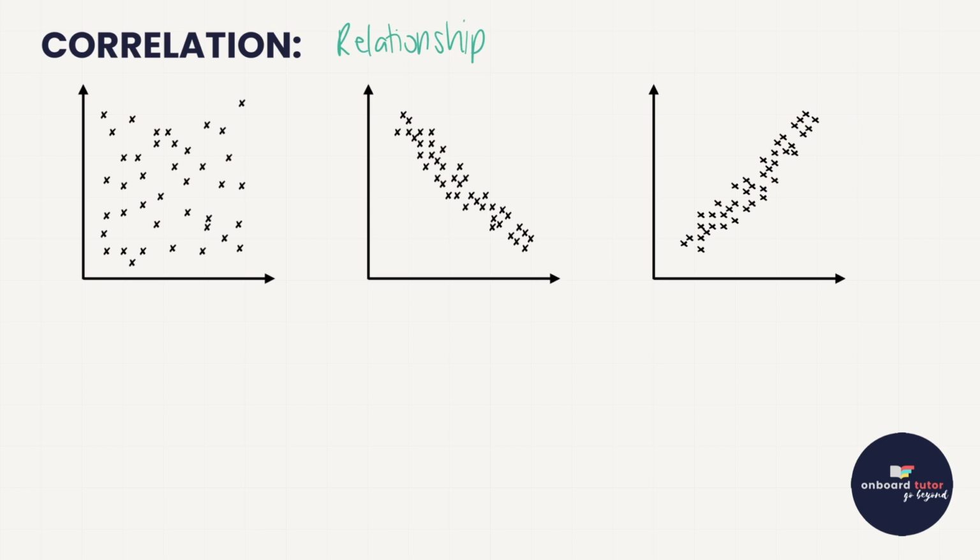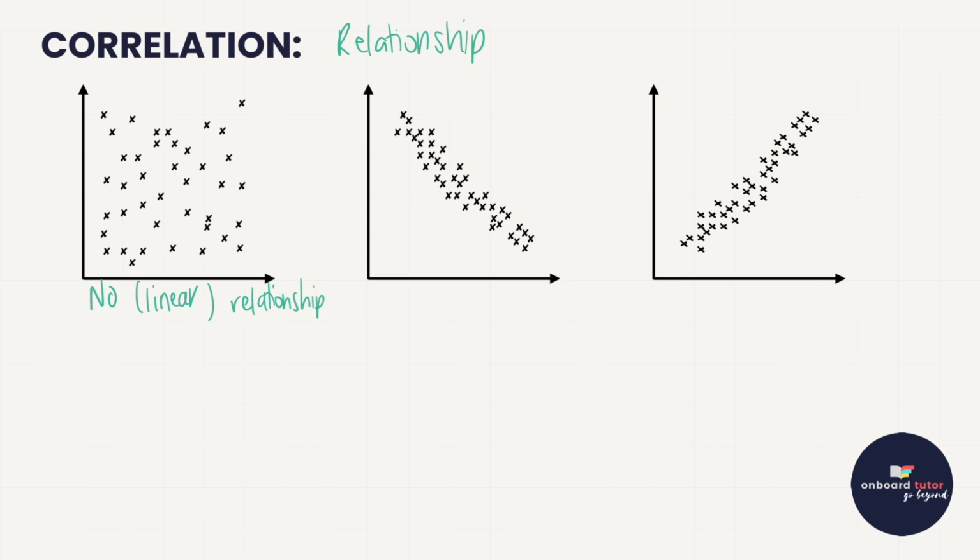In some instances, if the points are really scattered everywhere, then we would say there's no relationship or even no linear relationship, because you could possibly get a parabolic relationship or something like that. So that does come up, but generally we work with linear relationships.